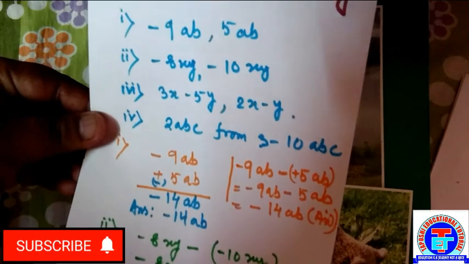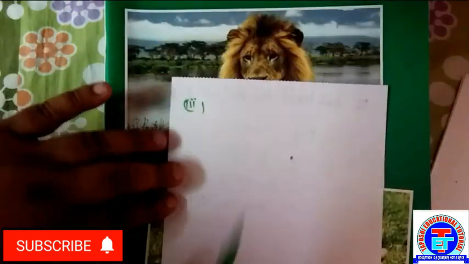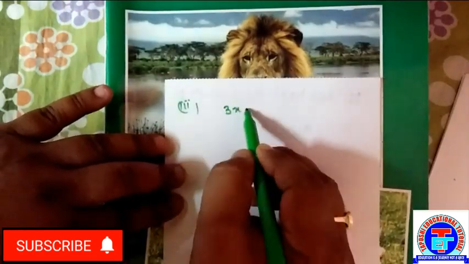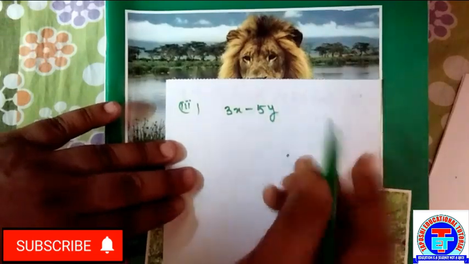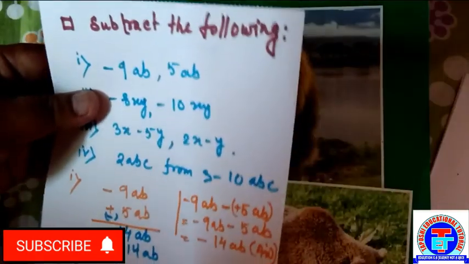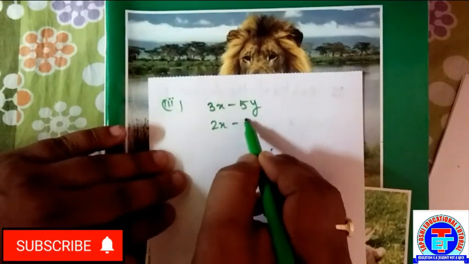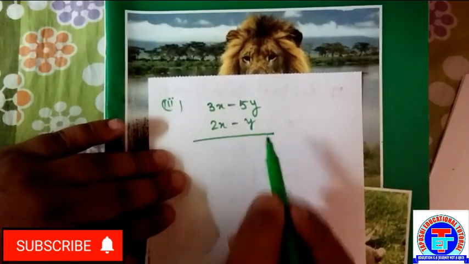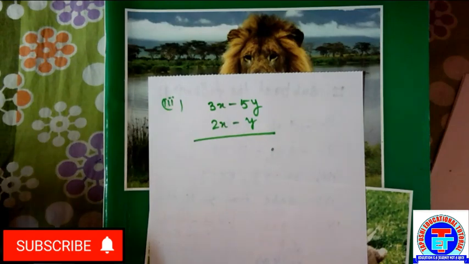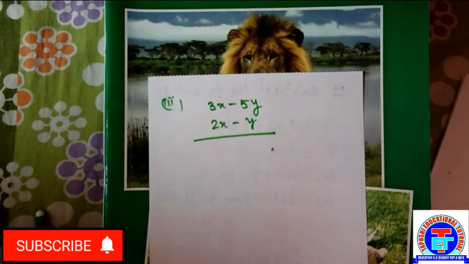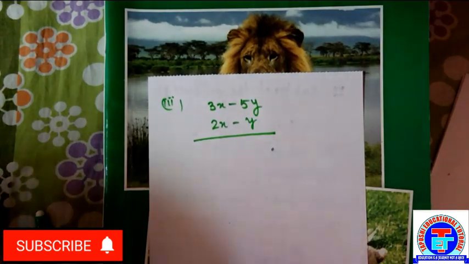Now next, number 3 is given here: 3x minus 5y, and another is 2x minus y. So without any hesitation, we just take the opposite sign.